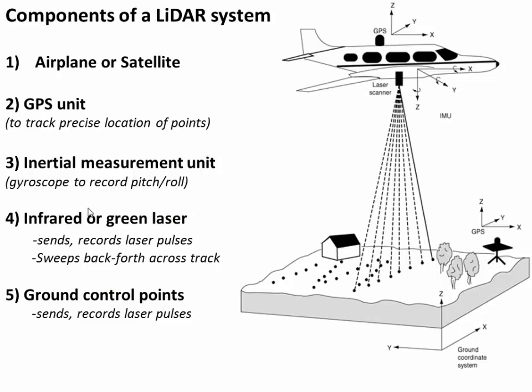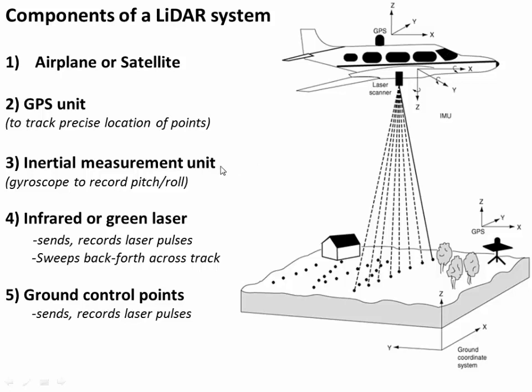So here's what a LiDAR system looks like. As I said, it's an active technique that involves shooting a laser beam out of an airplane. So you've got to have an airplane, or in some cases a satellite. On board that airplane is a GPS unit. And so that allows us to keep track of the exact location of the airplane as it's collecting this elevation data. The airplane also has an inertial measurement unit.